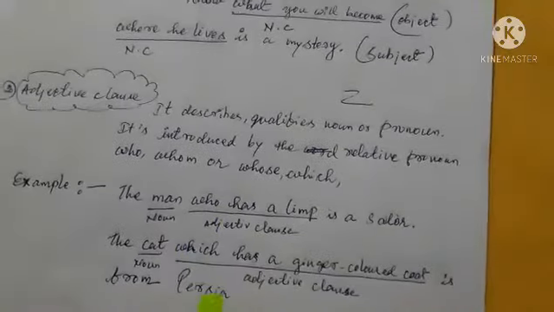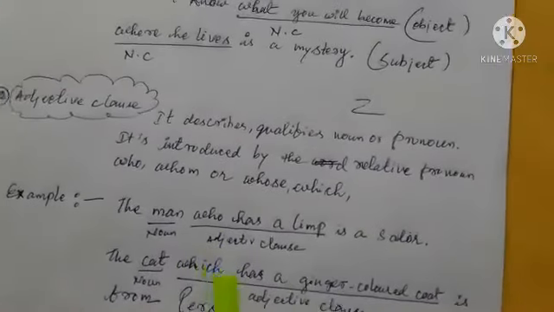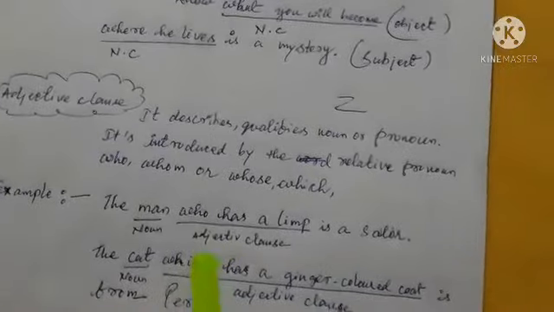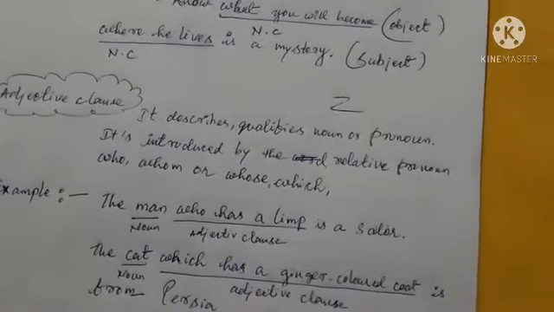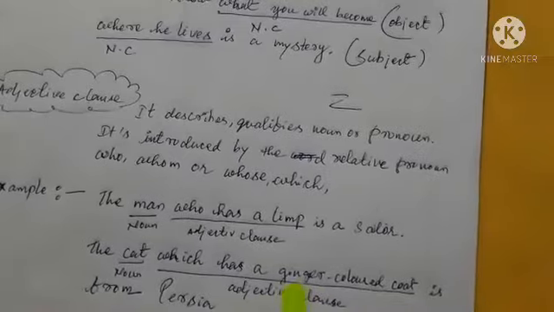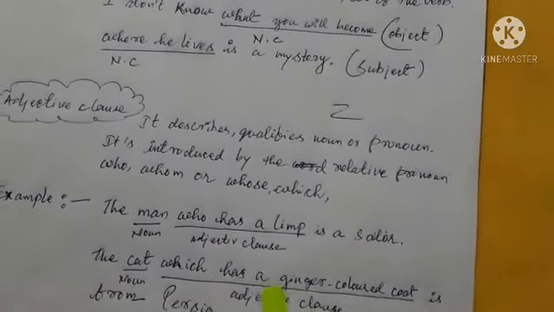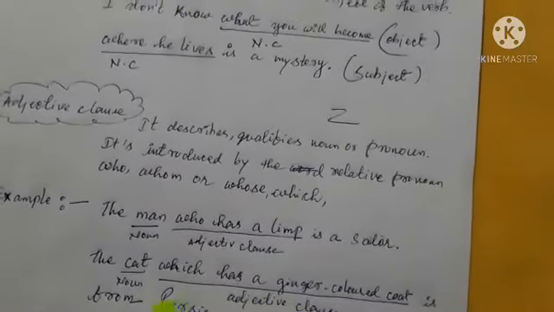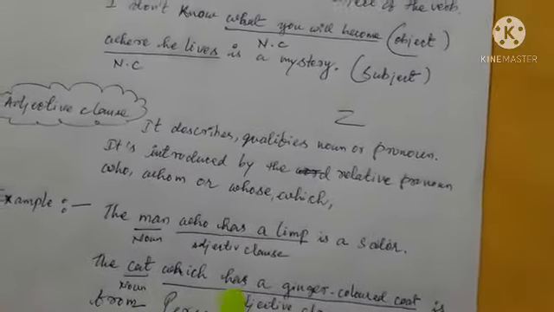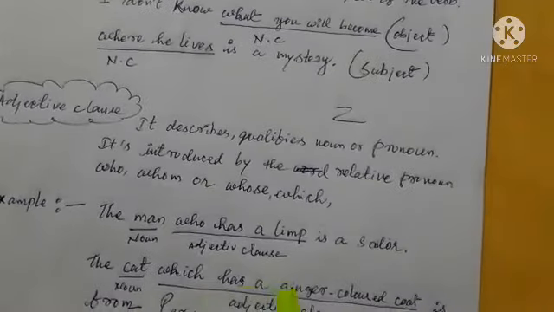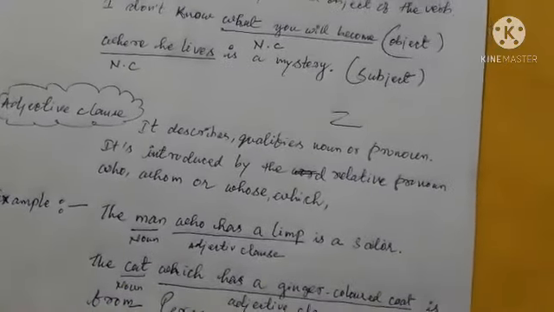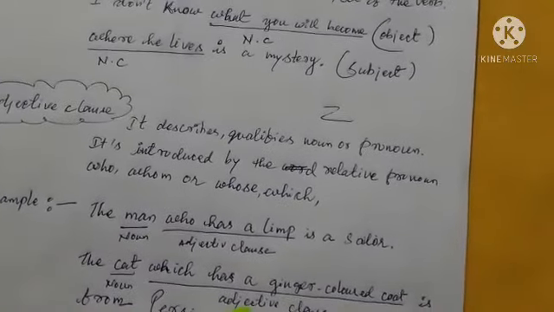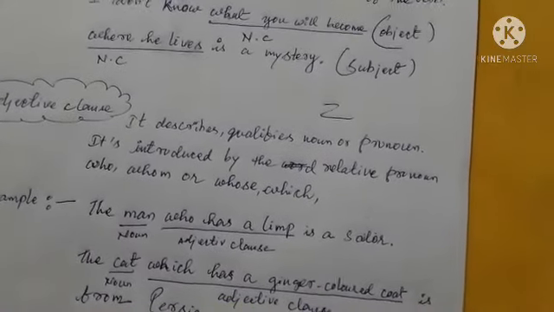And the subordinate clause is divided into three. The first is the noun clause, the second is the adjective clause, and the third is the adverb clause. And here we have discussed the first and second types of subordinate clause, that is the noun clause and the adjective clause.